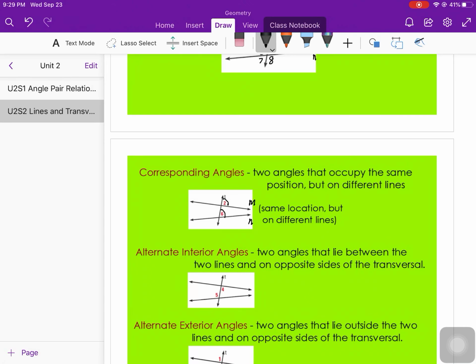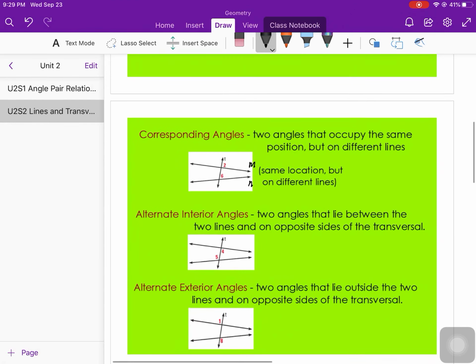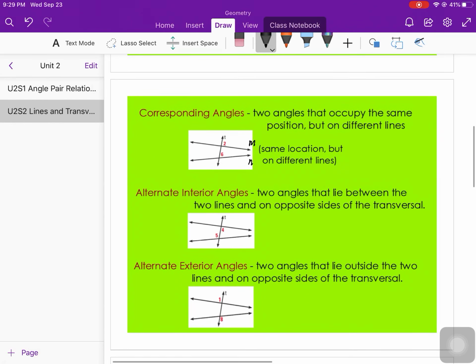We have 3 other sets of corresponding angles: top left corner to top left corner, bottom left to bottom left, bottom right to bottom right. Every angle of the top 4 has a corresponding angle somewhere on the bottom 4 as well.